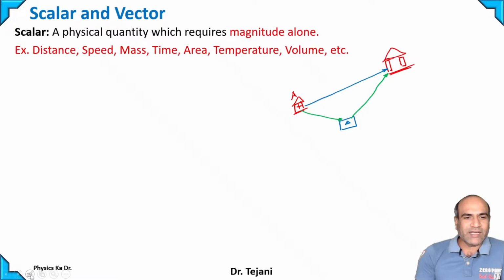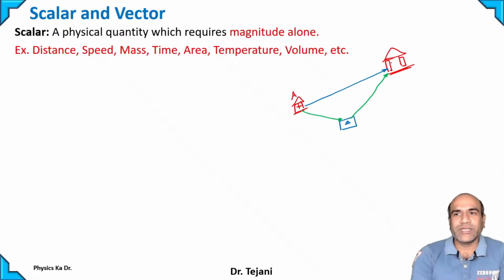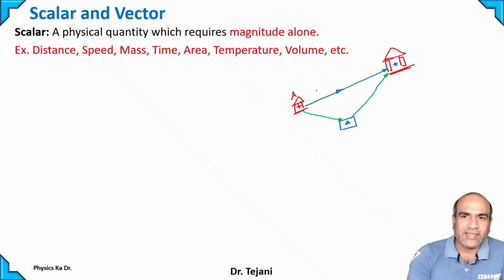So here we can see there are two different possibilities. She may directly pick this way to reach her destination. If it is the shortest one, if you see the direction, there is a shortest direction and the shortest distance. That is known as displacement.